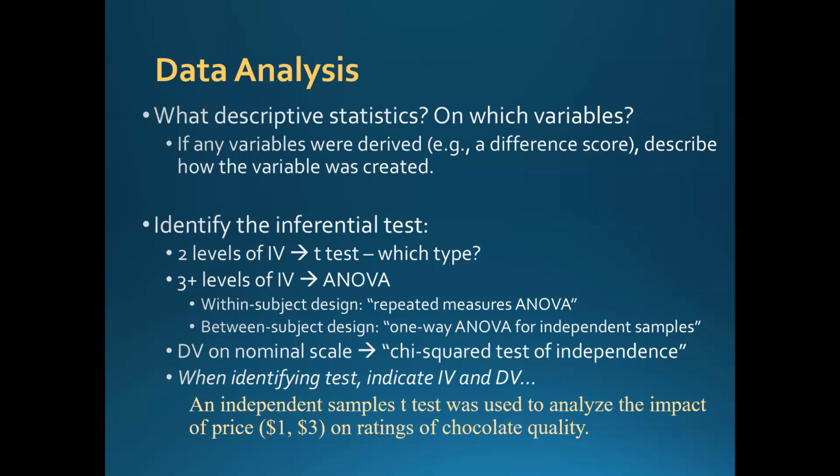And all of you should have, in the parentheses here, we see $1 and $3. So, I'm assuming that this study is referring to, we give the same piece of chocolate, and one we say, oh, it's $1, another one we say $3, and we see how people respond to how much they like the chocolate. So we have our 2 levels of the independent variable, which are $1 and $3.